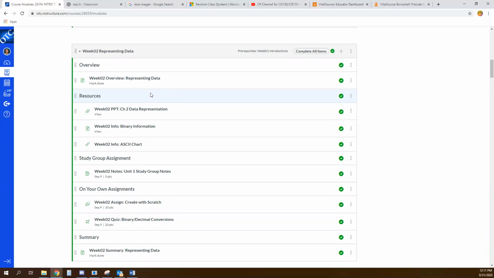But what chapter 2 is concerned with are those different data types, right? How does the system represent or keep track of these different types of data in memory? How does the computer know that this is a string and this over here is a floating point decimal and this is an integer? It's going to have to keep track of things in a certain way.